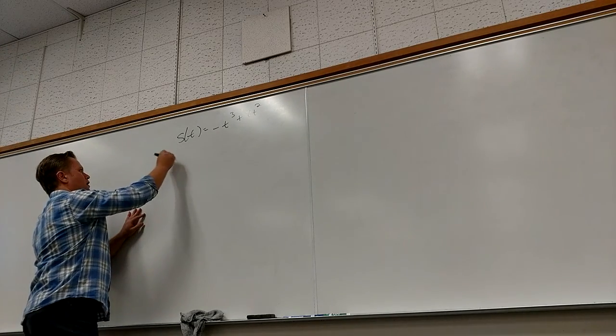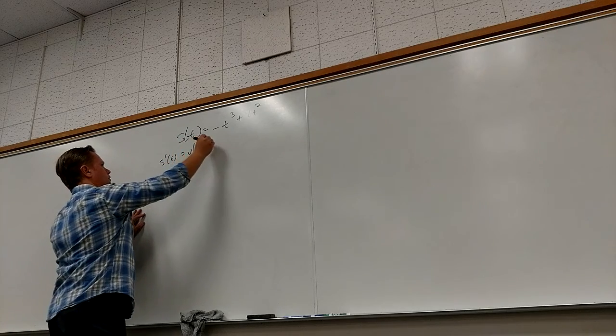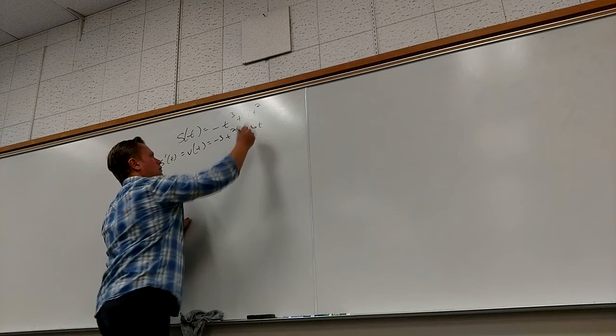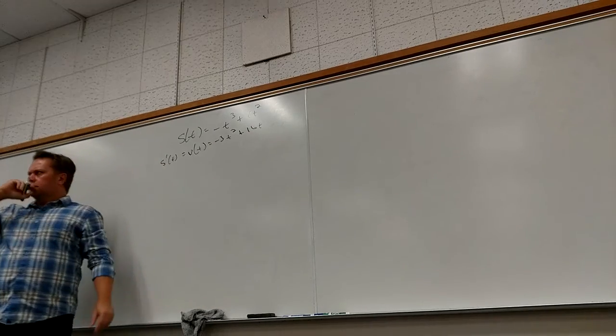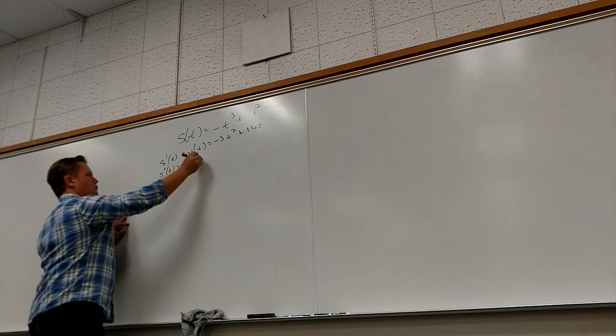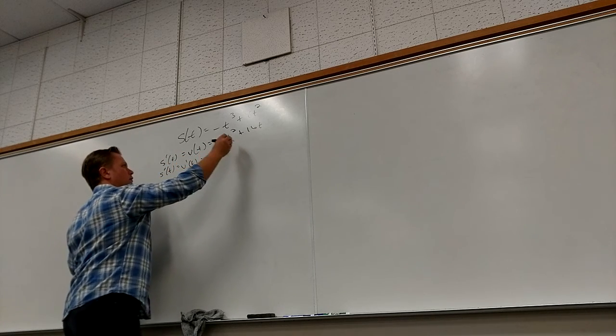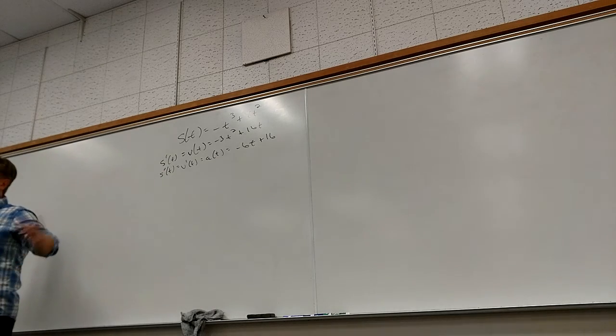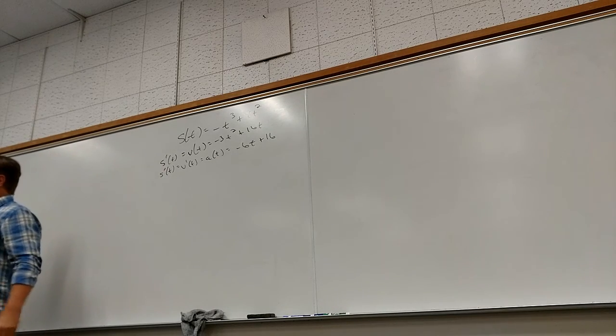So S prime is the velocity, and of course that should be easy. And then S double prime, which is V prime, which is A. So now you can answer any question about those 3 things.